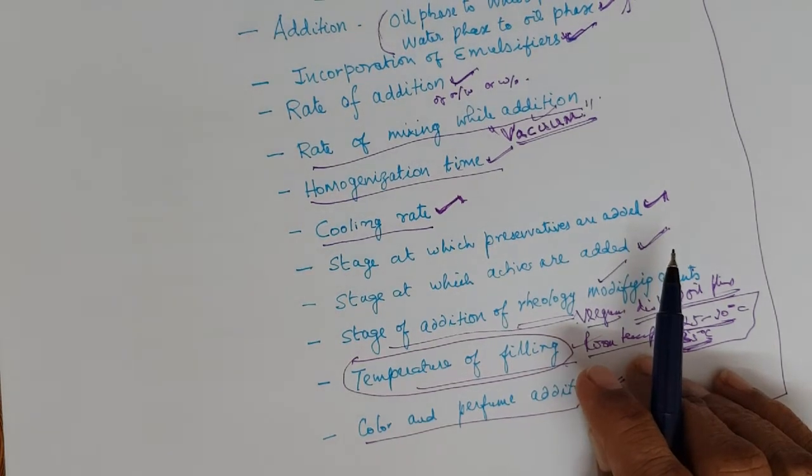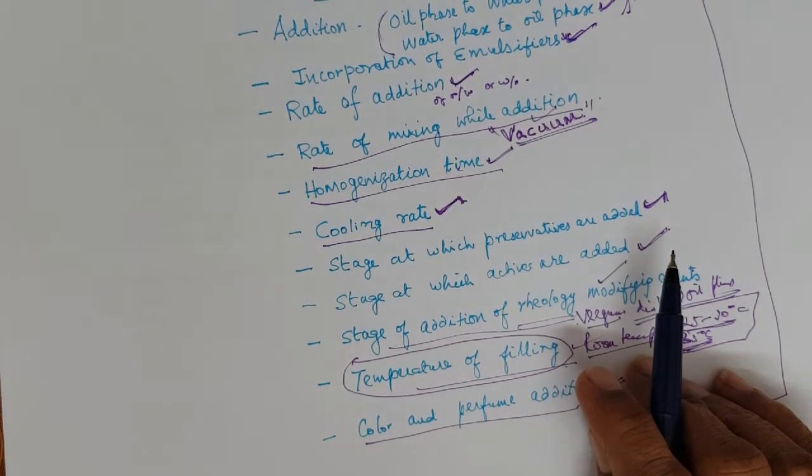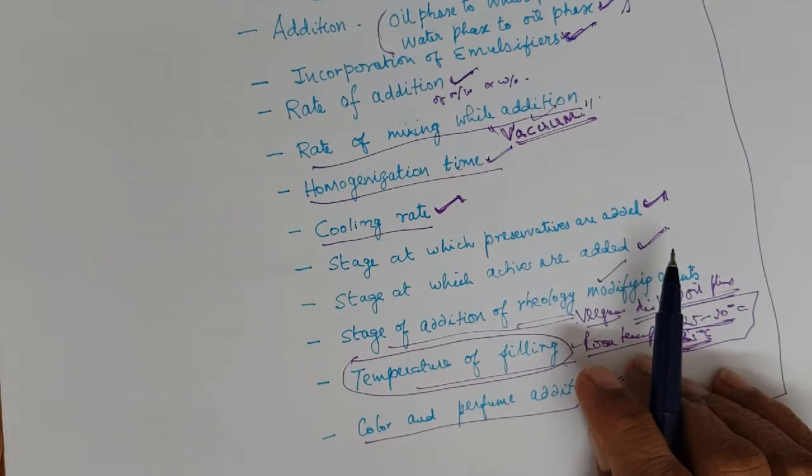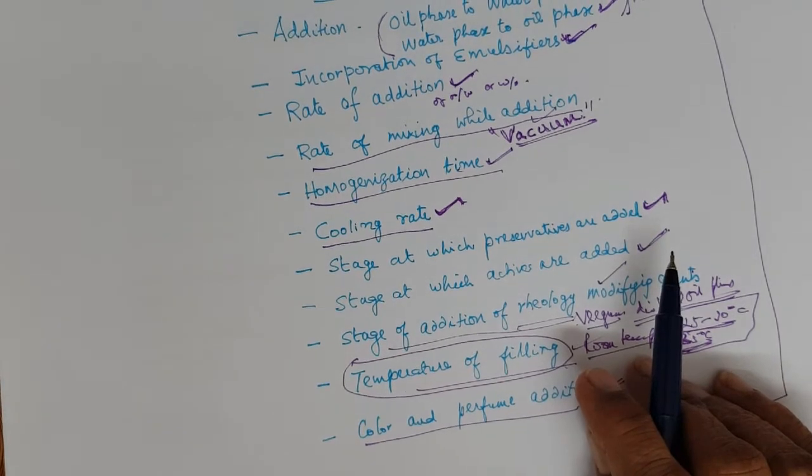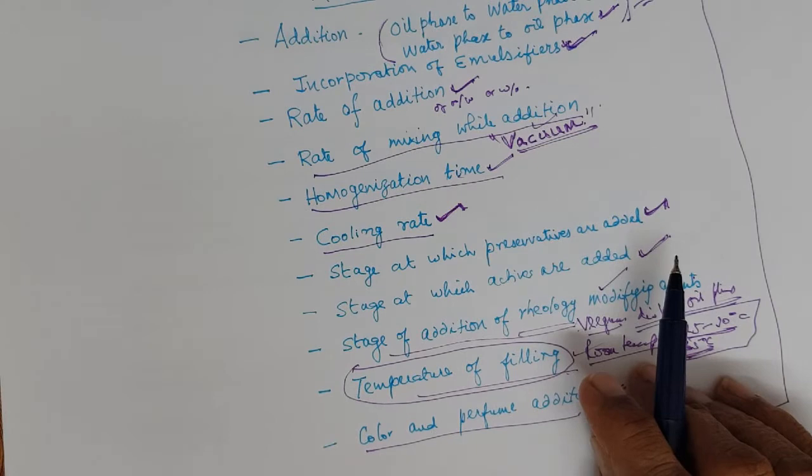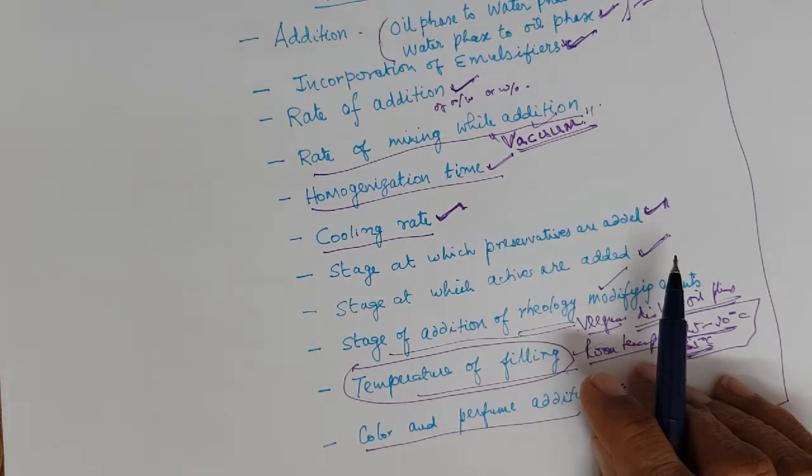Sometimes during formulation, preservatives are added to the oil phase if they are more soluble there. Phenoxyethanol is added in the water phase, or at 45 degrees after cooling the emulsion.